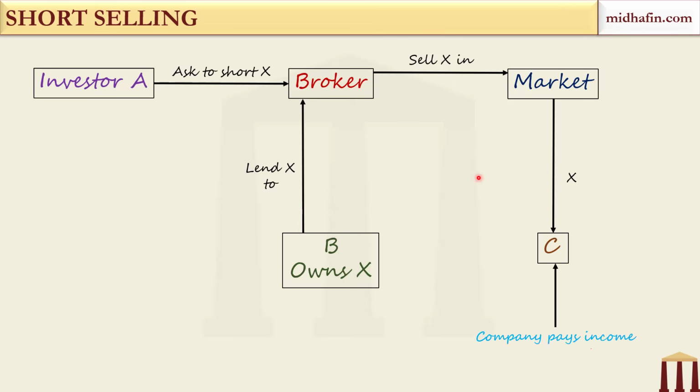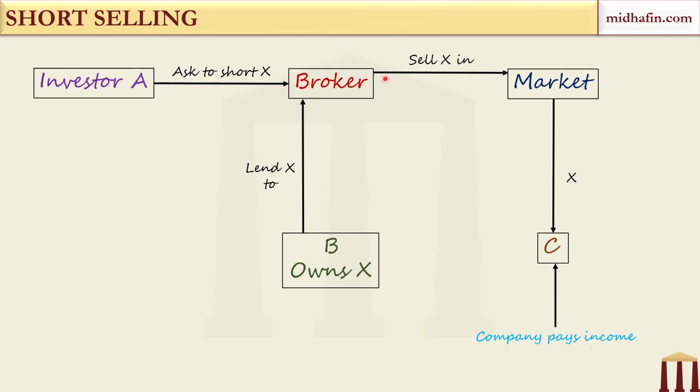Did B sell its shares? If B is an institution, I call it "it"; if it's a person, he or she. Has B sold his or her shares? No. So B should also get the income, right? B should also get the dividend. But in the company's eyes, C is the owner.